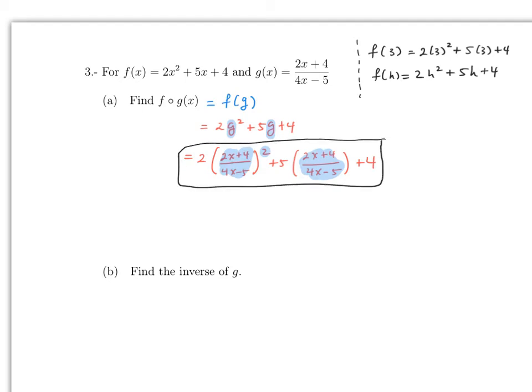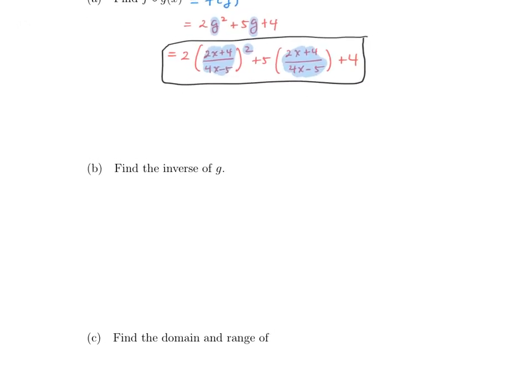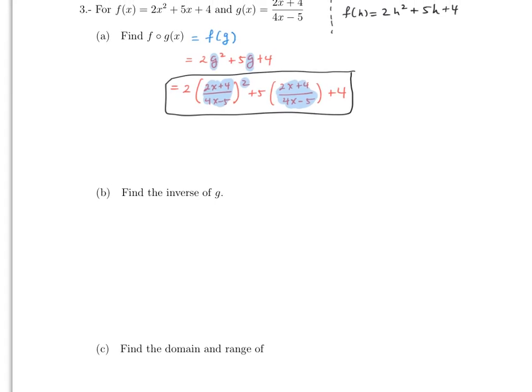All right, part B is asking you to find the inverse of g. And here g of x is equal to 2x plus 4 over 4x minus 5. Now to find the inverse is straightforward.